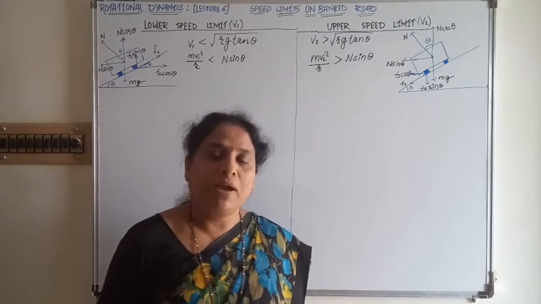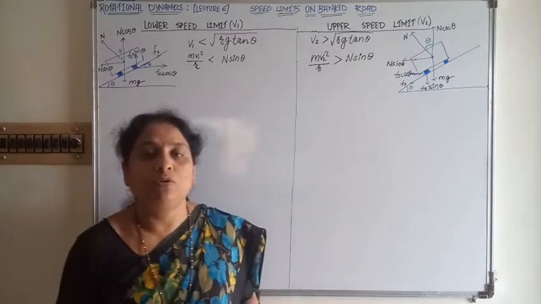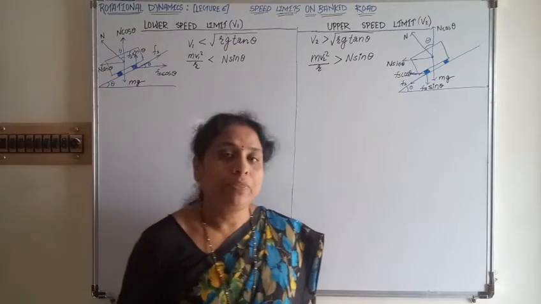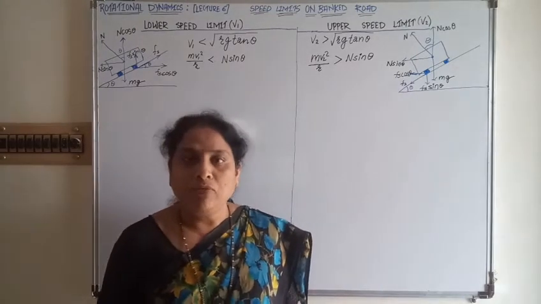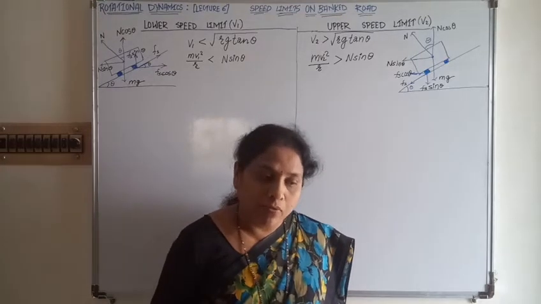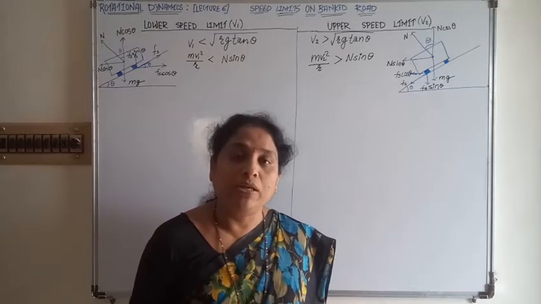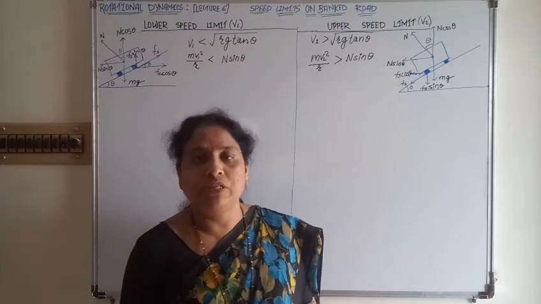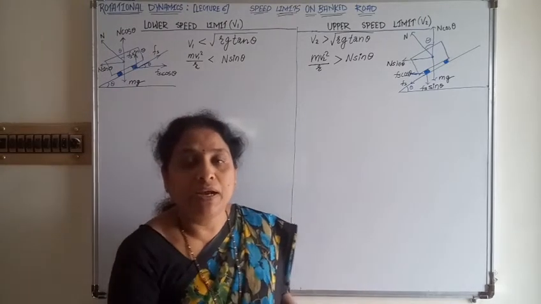First, we found the expression for safe speed, that is Vs is equal to, what is that safe speed? Vs is equal to under root Rg tan theta. When we find that safe speed on a bank road, when the vehicle is moving on the bank road, we consider there only the normal reaction force which is perpendicular to the road surface and the weight mg acting vertically downward.